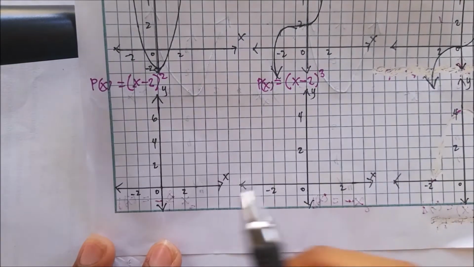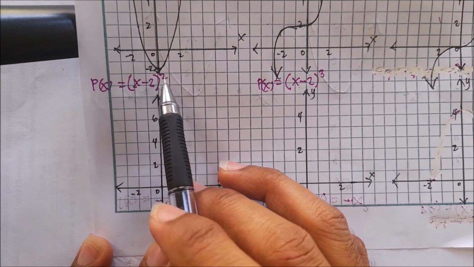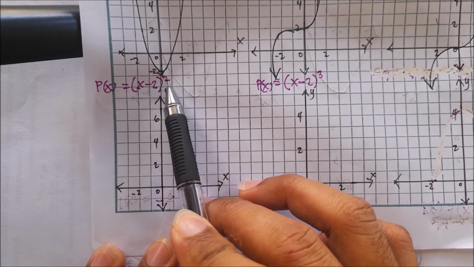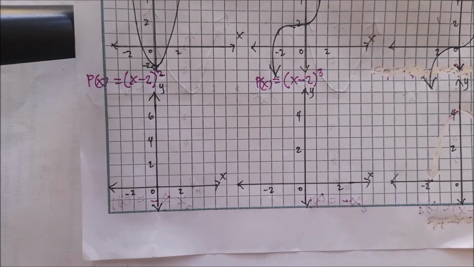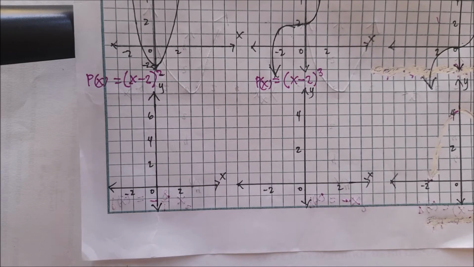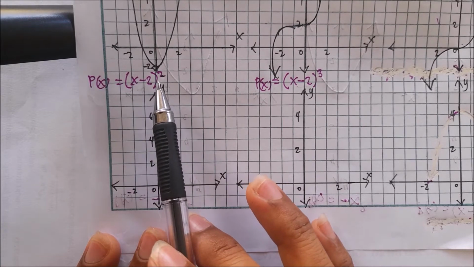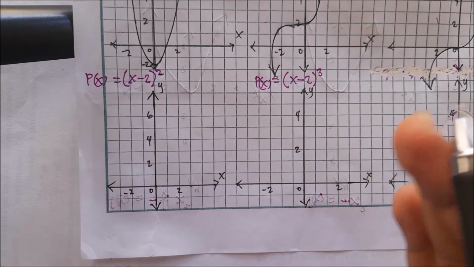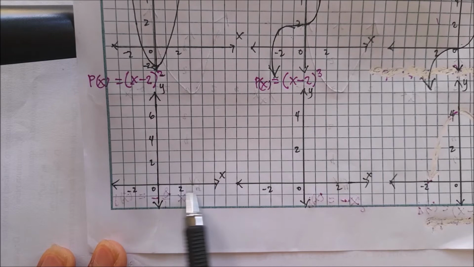Example. There is a parenthesis. Inside the parenthesis is x minus 2, raised to 2. Since it is an even exponent, the form of the graph is upward. And h is positive.